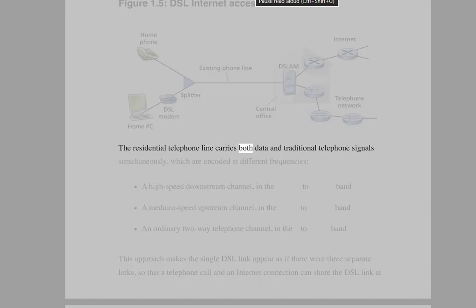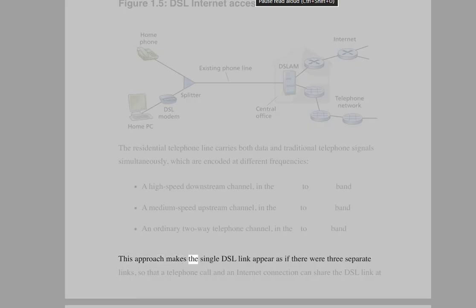The residential telephone line carries both data and traditional telephone signals simultaneously, which are encoded at different frequencies: a high-speed downstream channel, a medium-speed upstream channel, and an ordinary two-way telephone channel, each in its own frequency band.